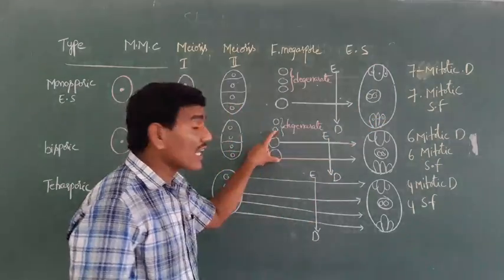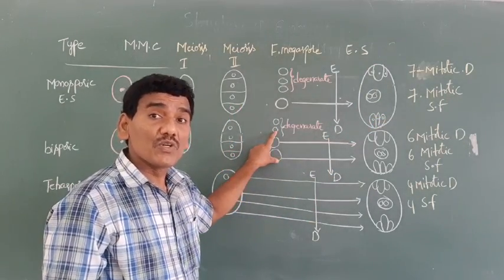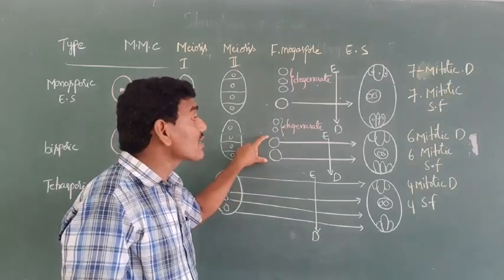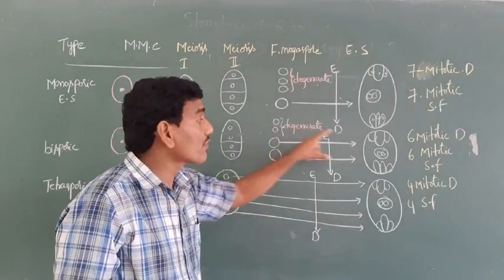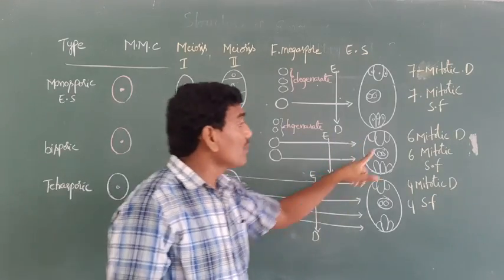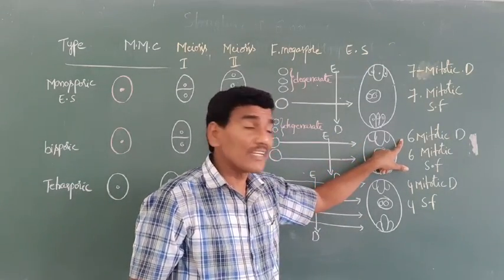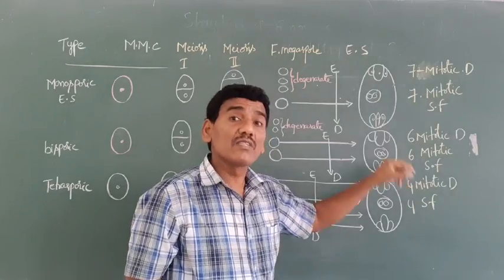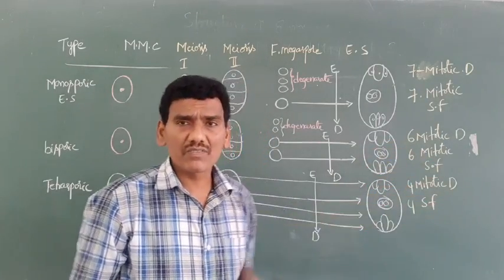The bisporic type of embryo sac, 2 megaspore nucleus are involved for the formations of 7-celled and 8-nucleated embryo sac. In bisporic type of embryo sac, 6 mitotic divisions and 6 mitotic spindle fibers are involved.